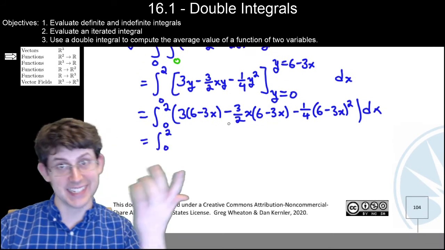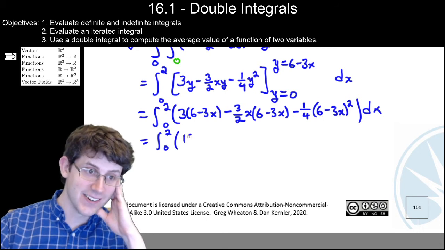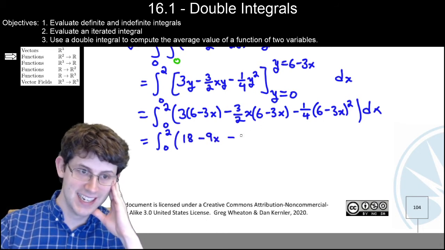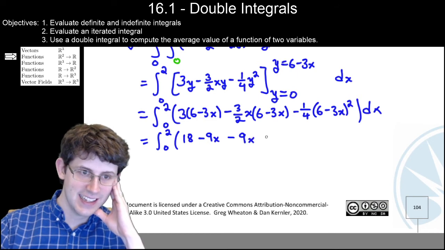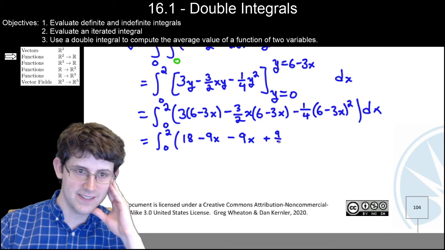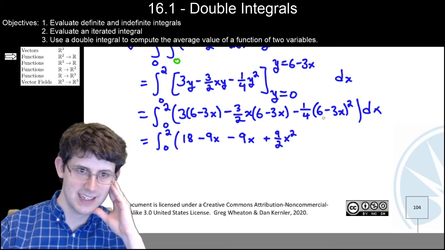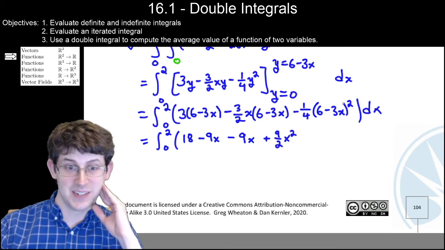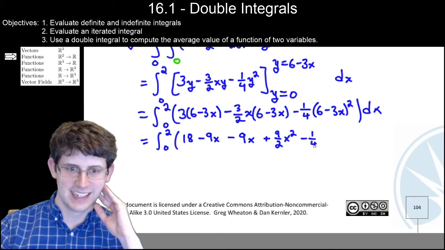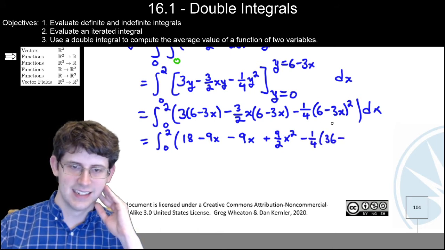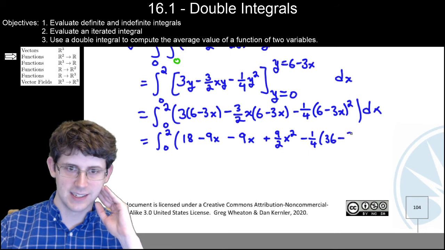Answer's supposed to be 6 at the end, at least we know that. So I'll distribute everything. I'm hoping for a lot of cancellation. 3 halves x times 3x is 9 halves x squared. That's not good. And then when we square this, 2 times 6 times 3 is 36.